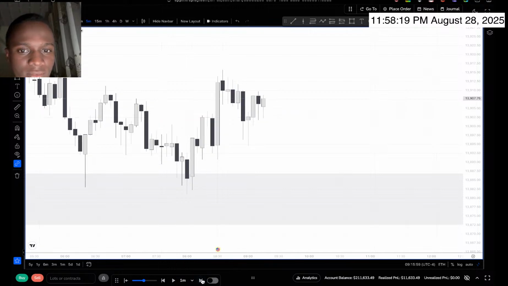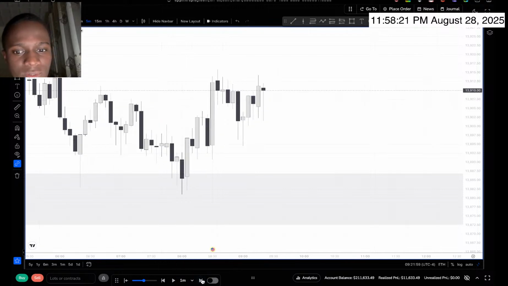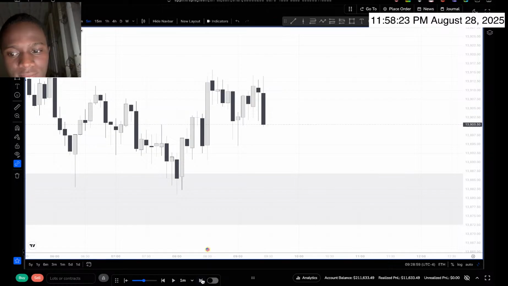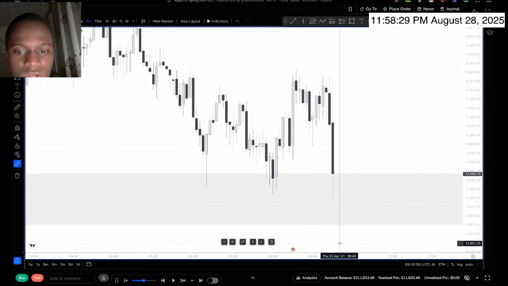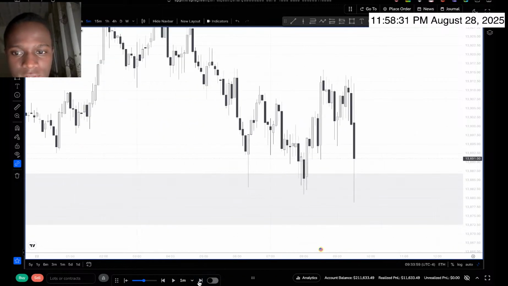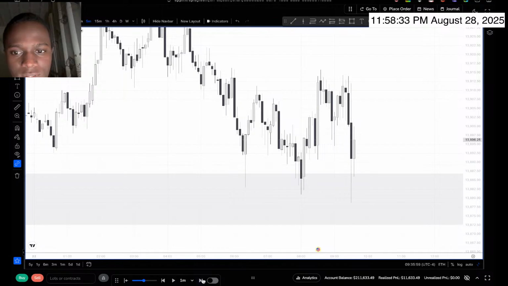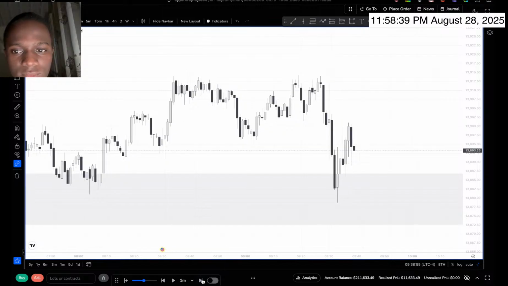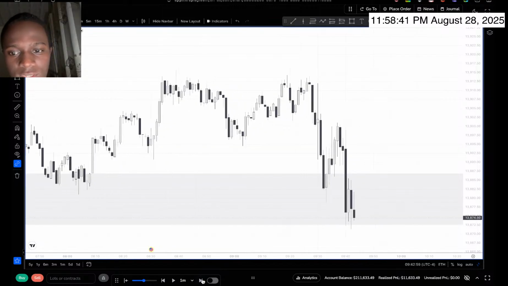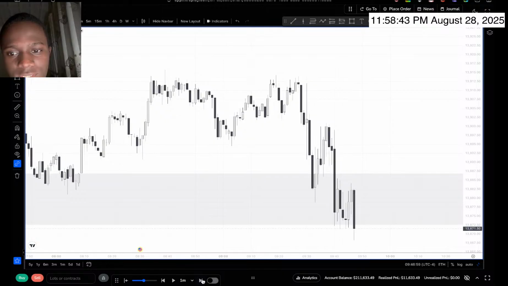So I'd like to see a move lower before we go high. Okay, take out the low. Okay, another extra move lower.